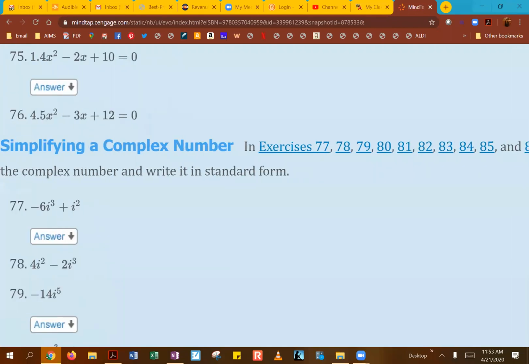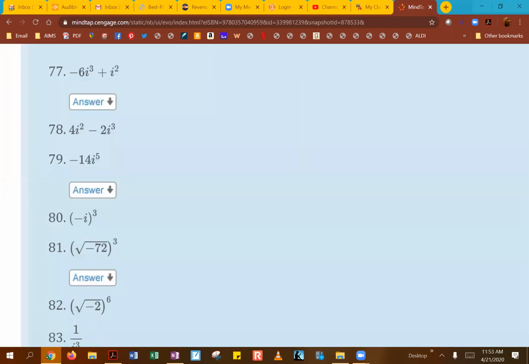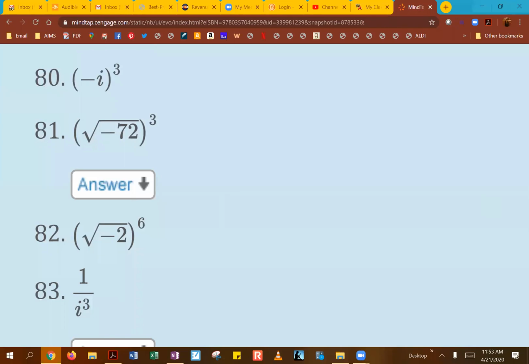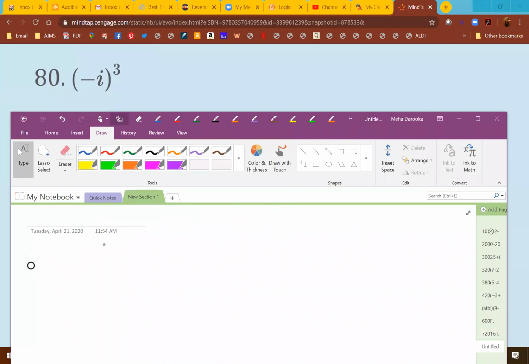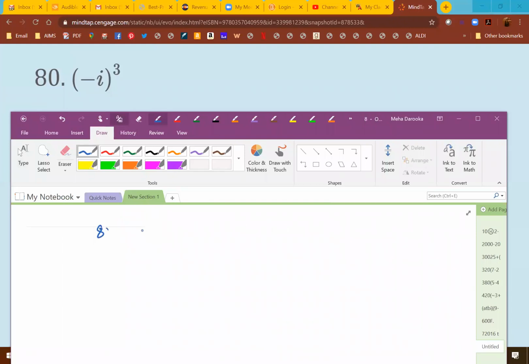So again, your instructions are simplify the complex number and write it in standard form. So how about number 80 over here? How could you simplify this?